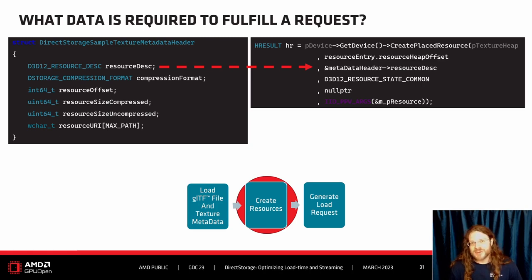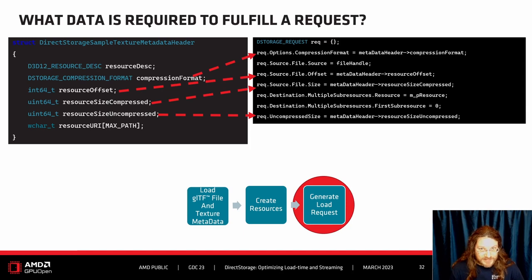The create place resources function takes, for example, a resource desk and the starting state and the heap offset for where we're going to store the data once it has been uploaded. However, we also include the compression format, the resource offset on the disk, the resource size, which is compressed and uncompressed, as well as the resource URI, so that we can have that along for the ride when we go to make the request to DirectStorage, as you can see here.